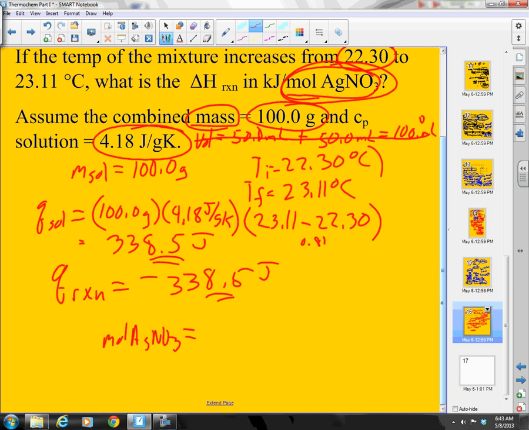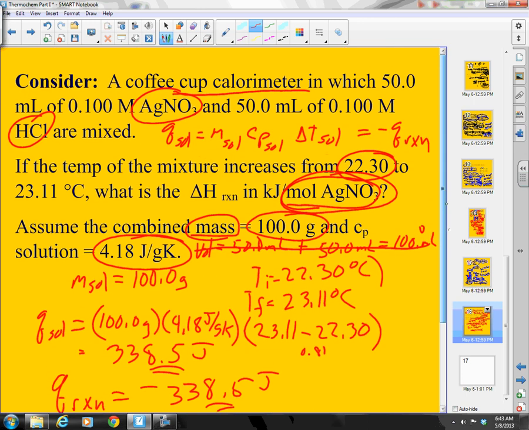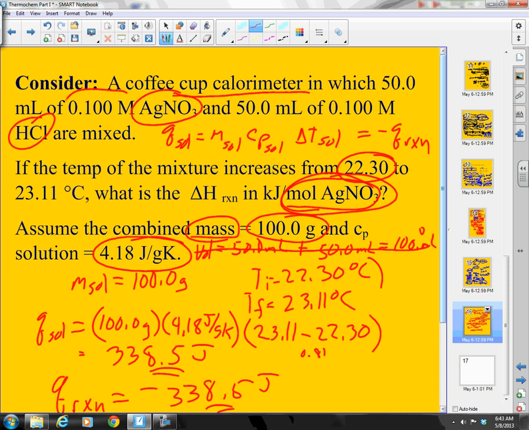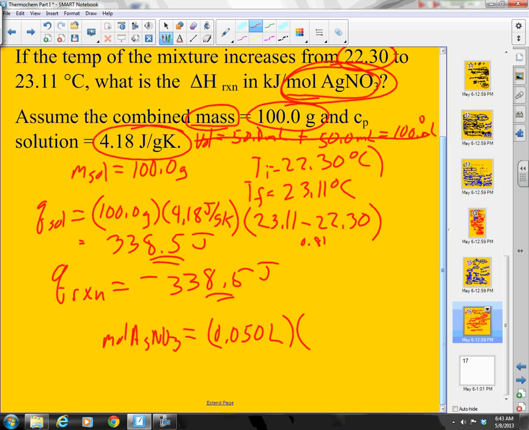I have 50 mils, 0.050 liters, times 0.100 molar. And so what do I get out of that? 0.00500 moles of AgNO3, right? That looks good to me.